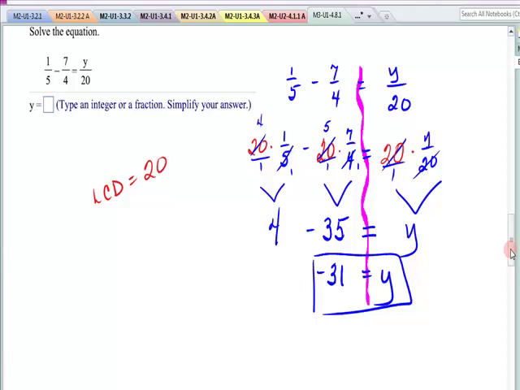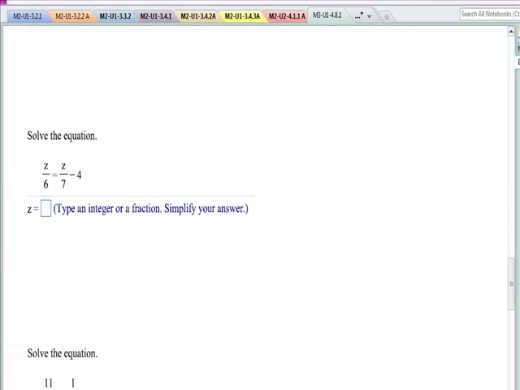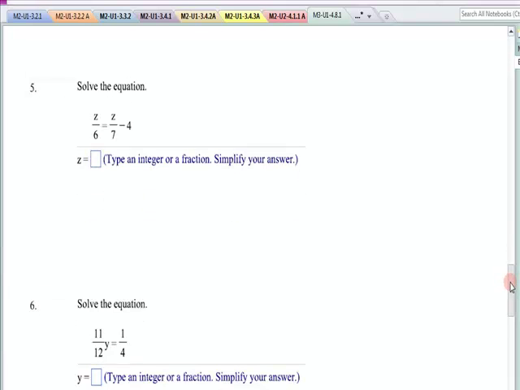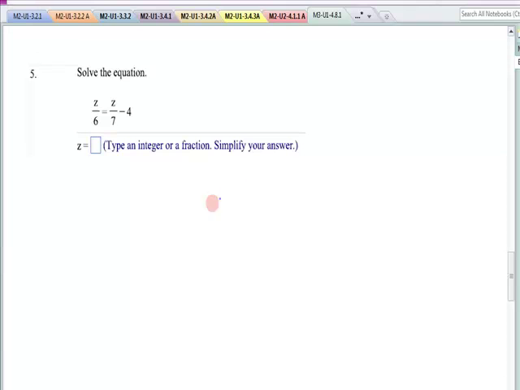Remember, when equations have fractions, you get to use the LCD as a tool. All right, let's take a look at number 5. We're just going to do several of these so you get lots of exposure. I have z over 6 is equal to z over 7 minus 4. I need the LCD. The denominators are 6 and 7. The denominator here is a 1. The common denominator will be 42.